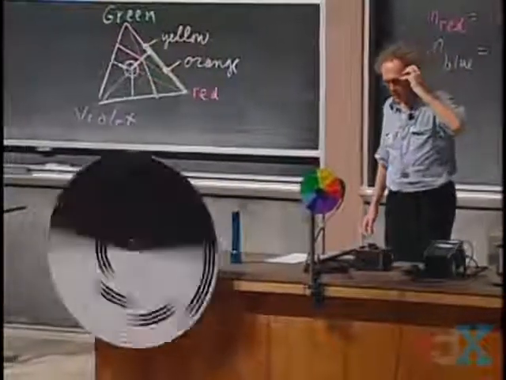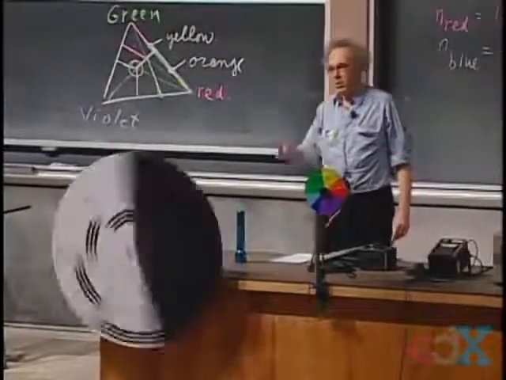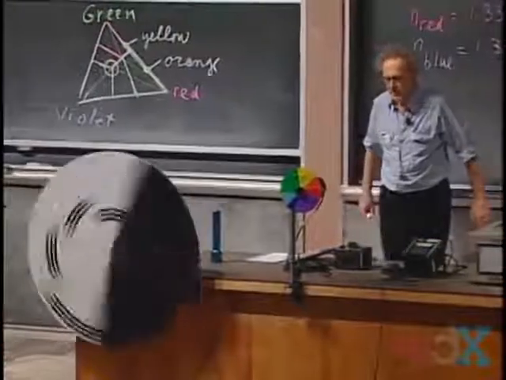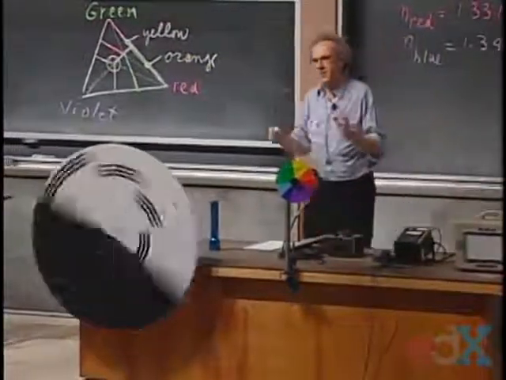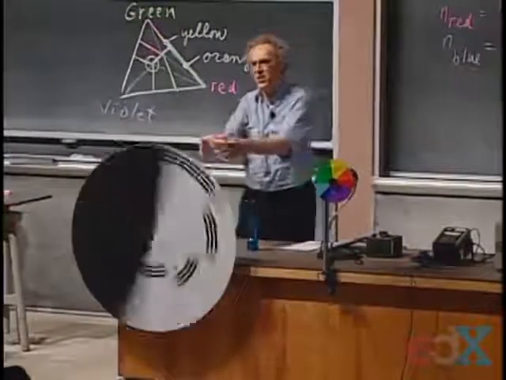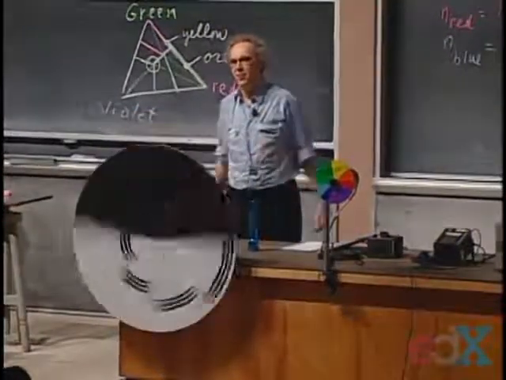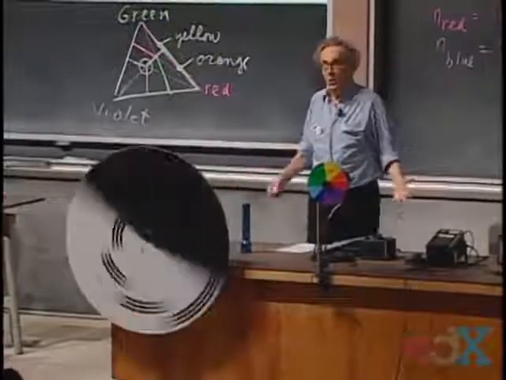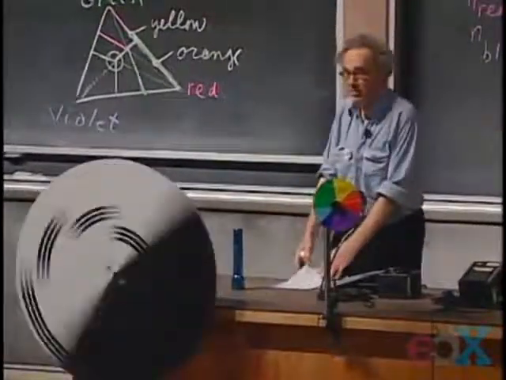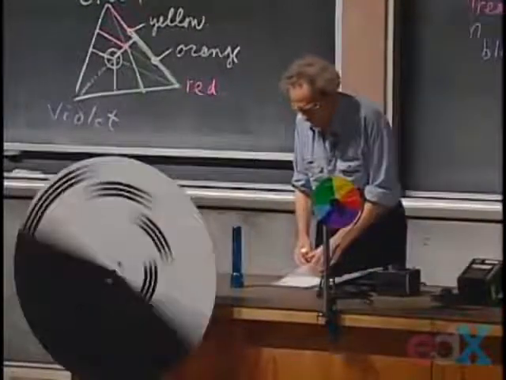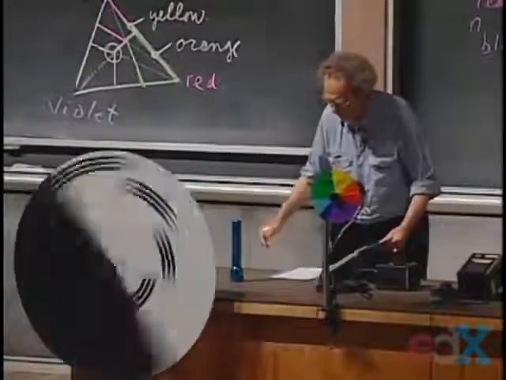And the phase delay is different for different colors. So what we're doing here, we are fooling the brains. We're sending flicker light to the brains with different phase delays. The phase delays in the center are different from the phase delays further out. And so the brains then process that in the usual way, and they say, well, I'm sorry, but you're going to see colors. And that's what you're seeing.